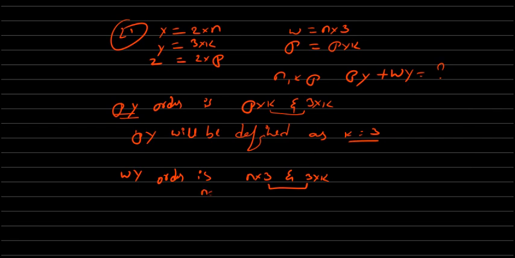Why n is equal to p? P is equal to n, whatever it is. We know that this k is equal to 3. n into 3 is a different matrix and 3 into 3 is a different matrix.